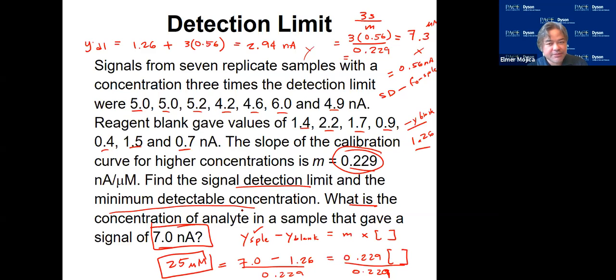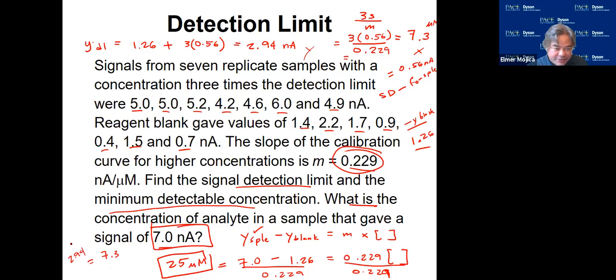Now does the value make sense? If you look at the values that you have, remember the detection limit in terms of the concentration is 7.3. Now a 7.3 would give you 2.94.